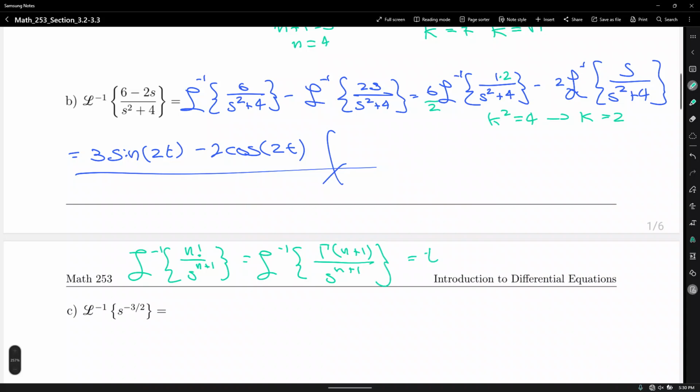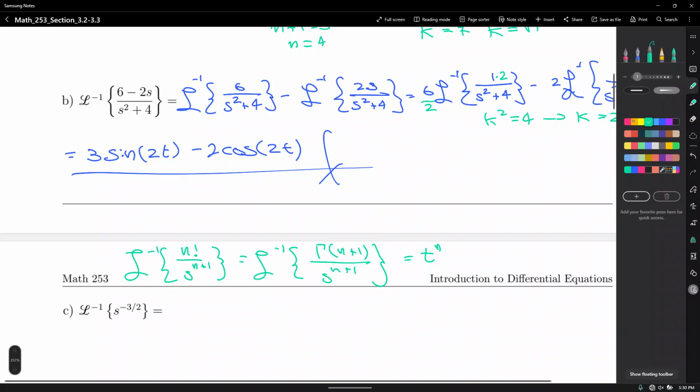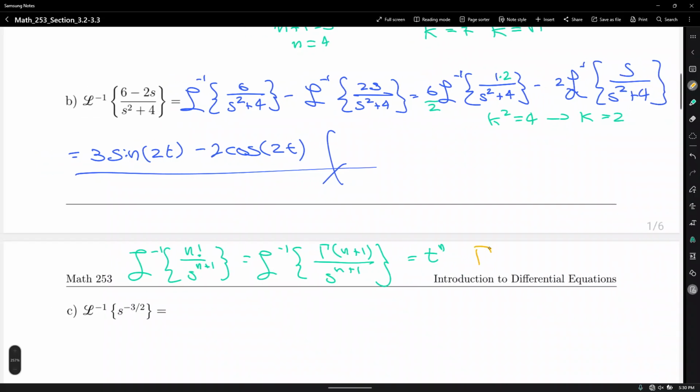Which is going to be t to the n. So we're going to need this one. Also, I'm going to need the gamma function, okay? So for the gamma function, that's gamma of n plus 1 equals n gamma of n, all right? Two pieces of information we need before getting through this one right here.